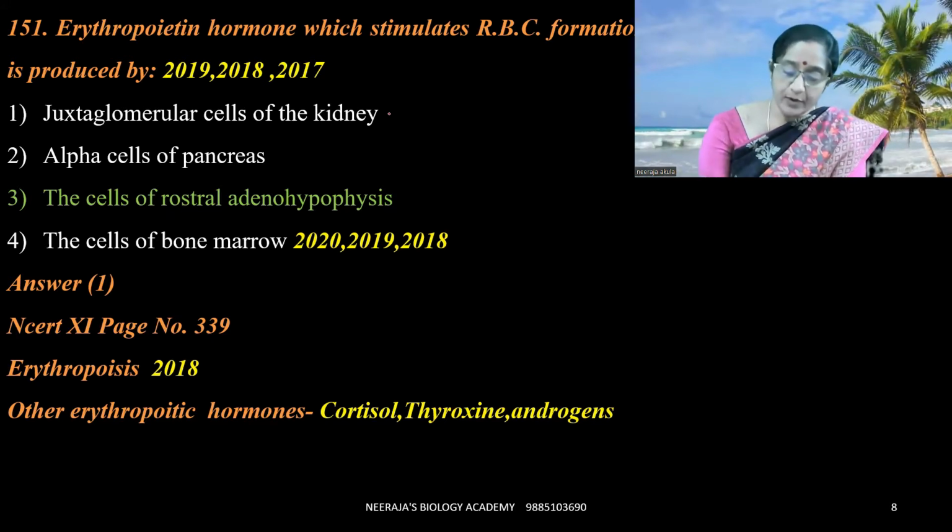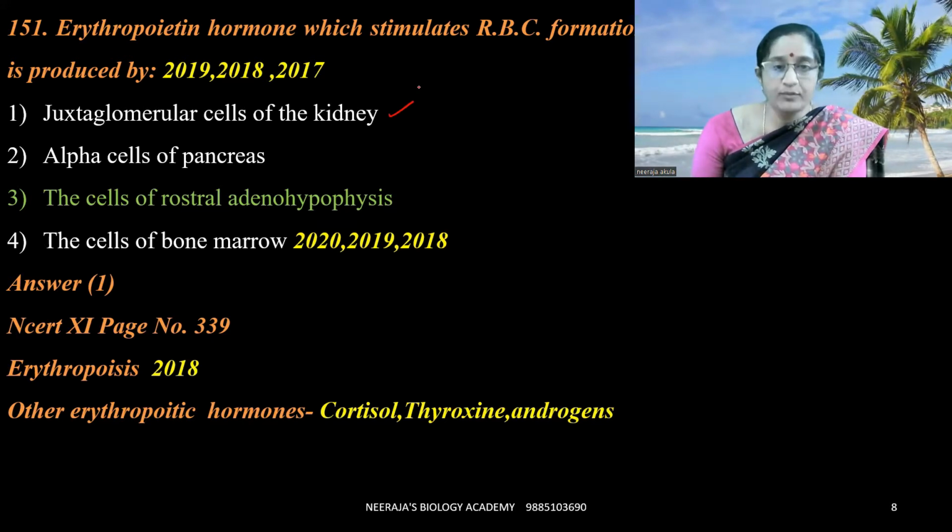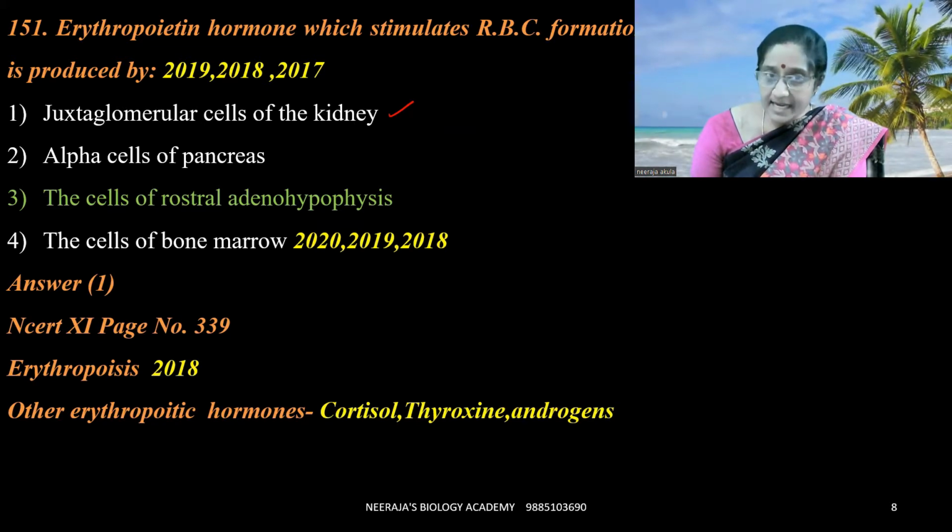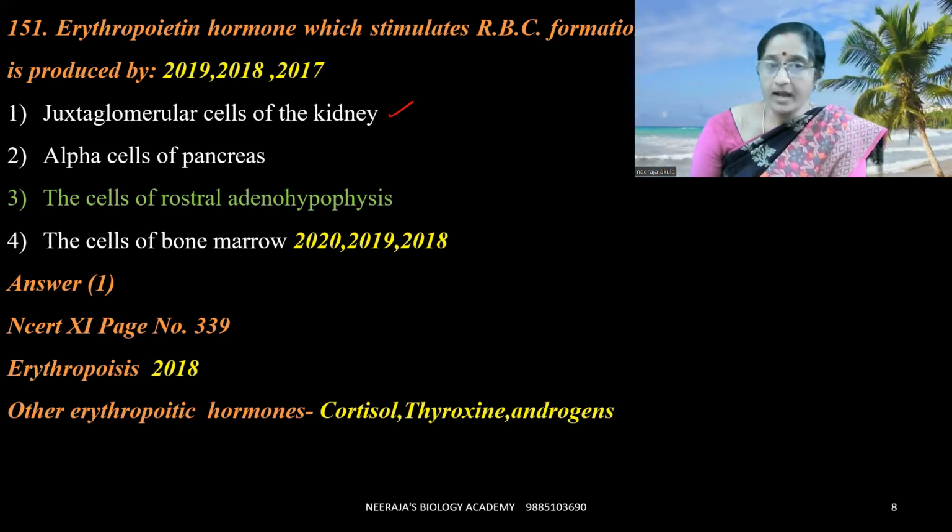This hormone is produced by juxtaglomerular cells of the kidneys. JG cells are located near to the glomerulus, which are modified smooth muscle cells located in the afferent renal arteriole. These cells release a hormone known as erythropoietin, which is involved in the formation of RBC.